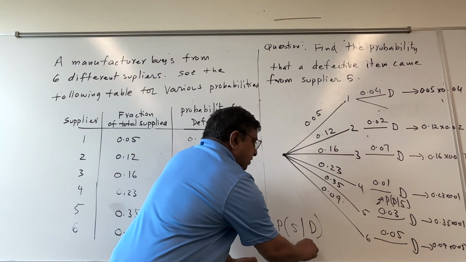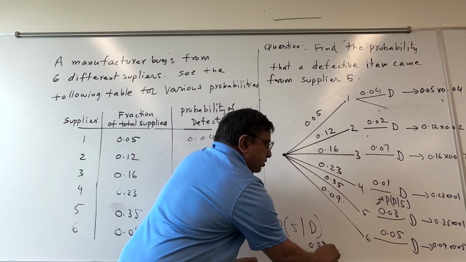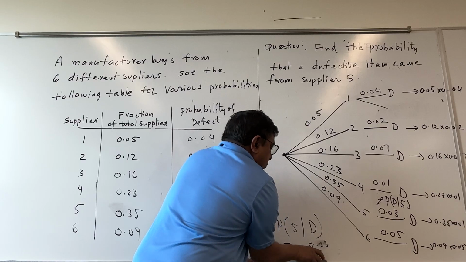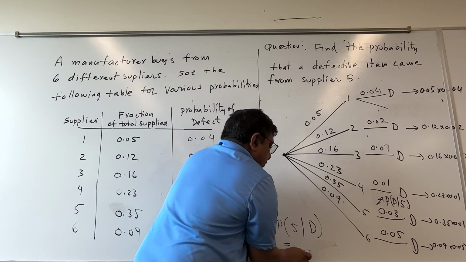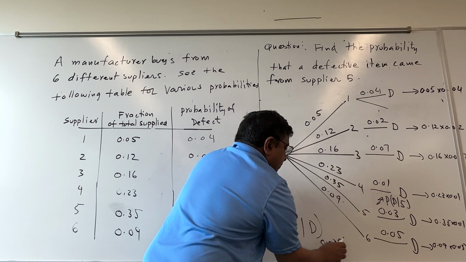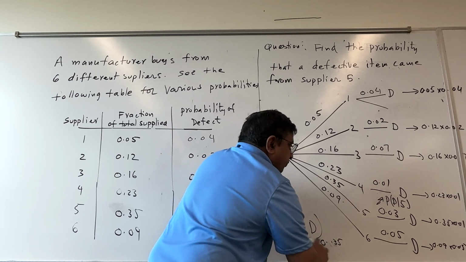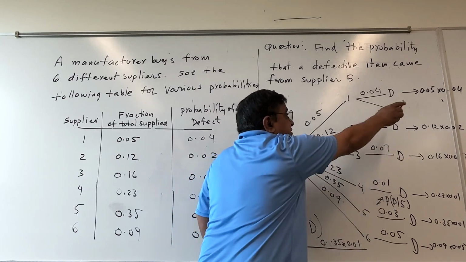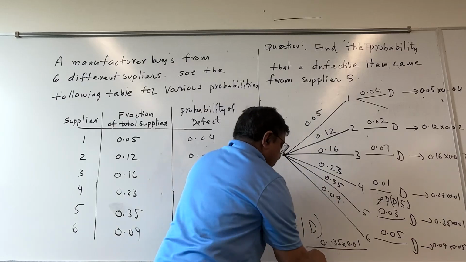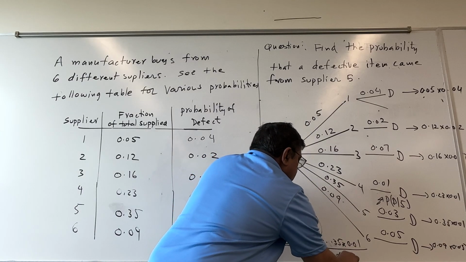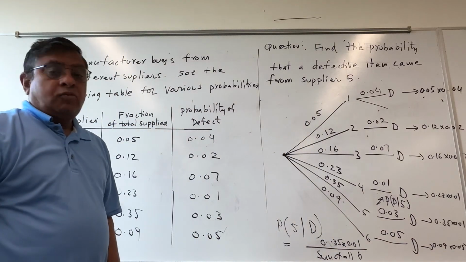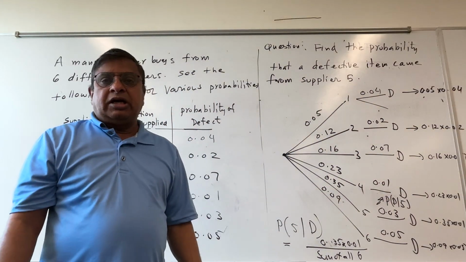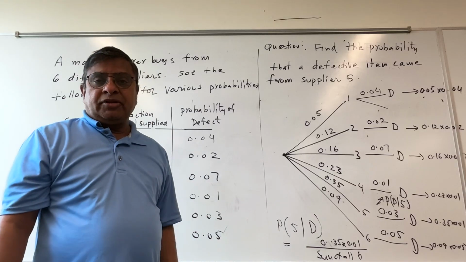So really this probability is 0.35 times 0.03 divided by the sum of all 6. That's Bayes' theorem. What 6? These 6. That will give you the probability. I'd like you to compute that number.